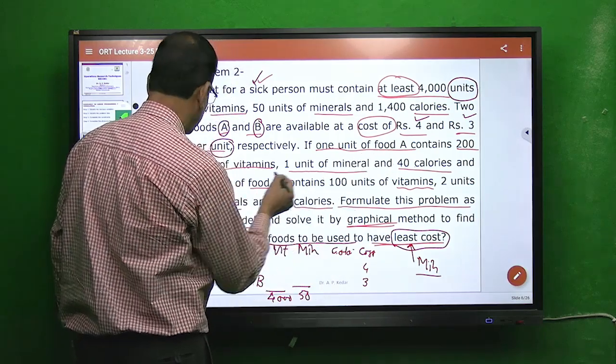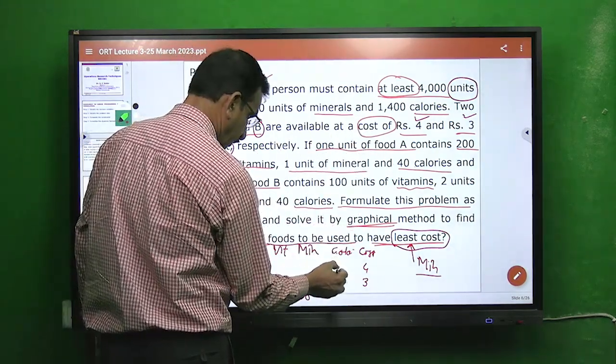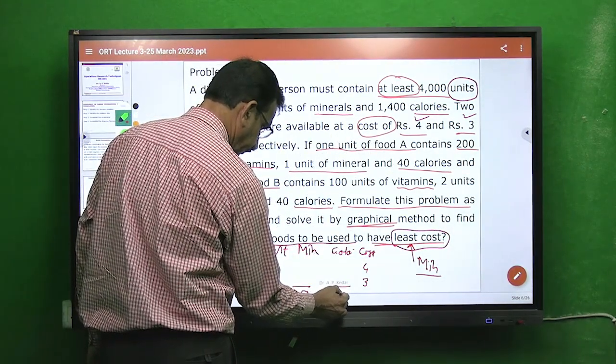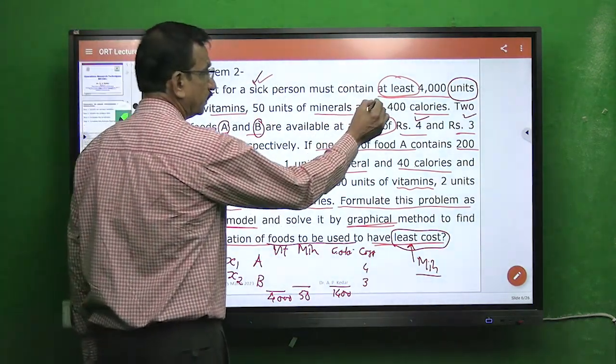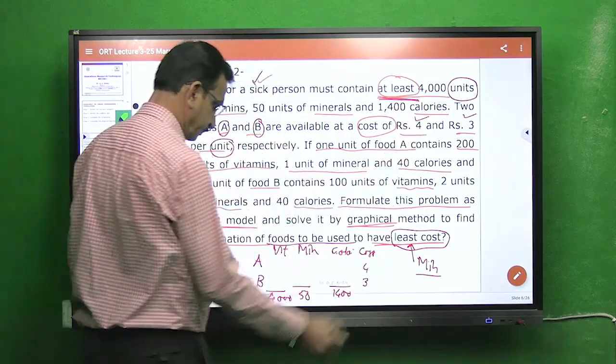So the total calories amount is 1400. But the condition used is at least.